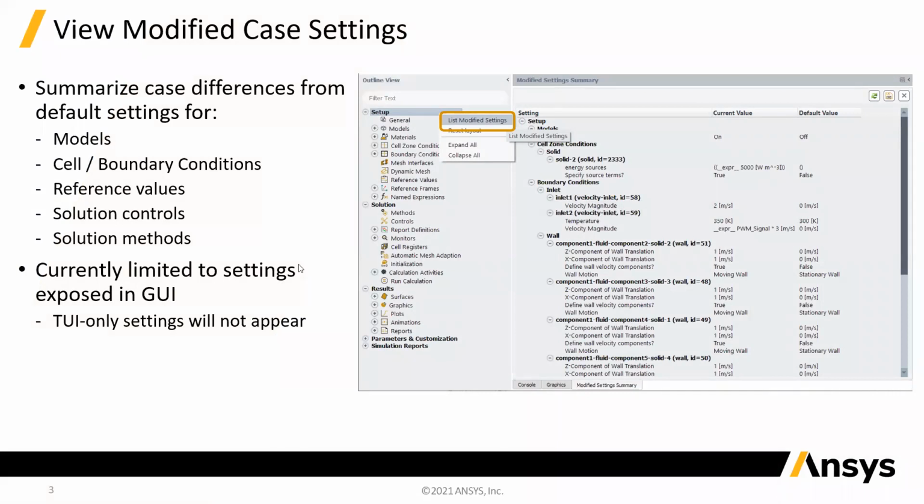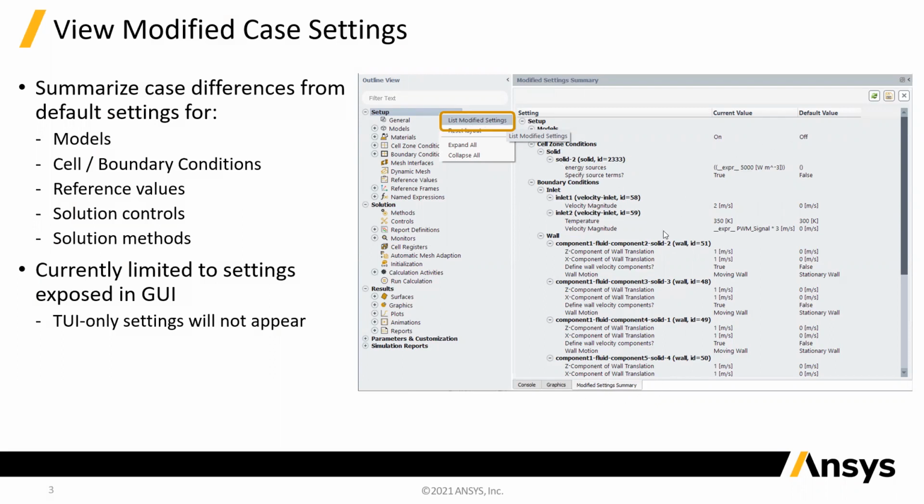This first thing that I want to show you is really quite important. There are now two ways of deciding exactly what's set in a Fluent session. So when you're under the run command, you can list modified settings and you'll get a panel like this, which is down on the bar at the bottom.